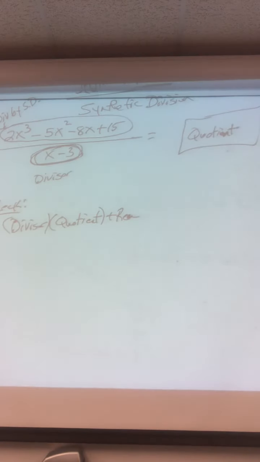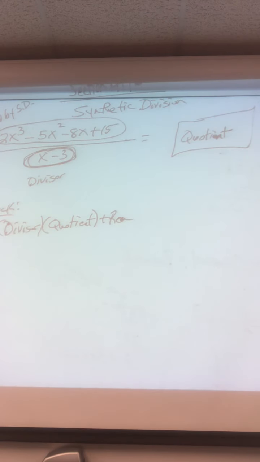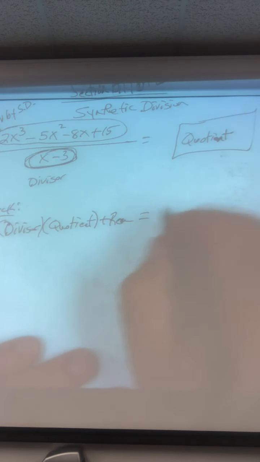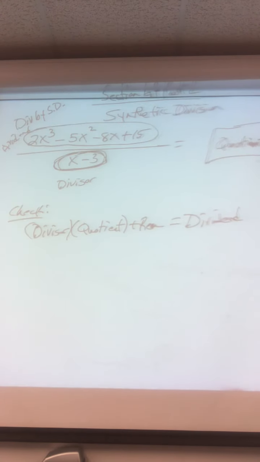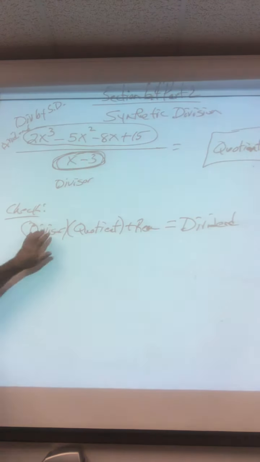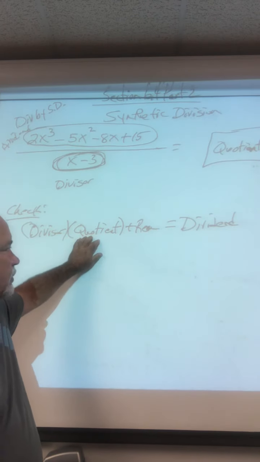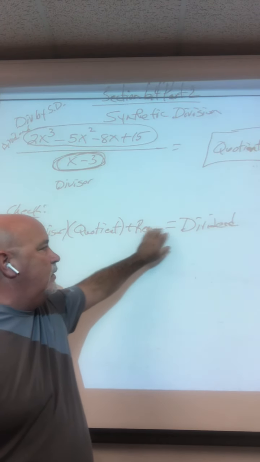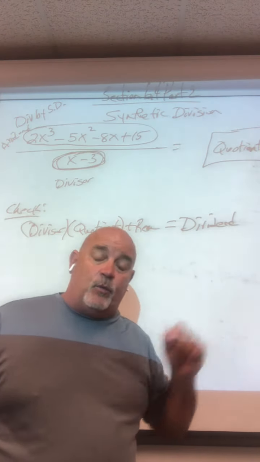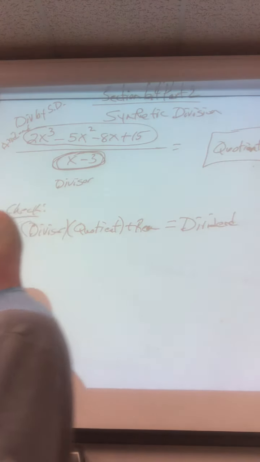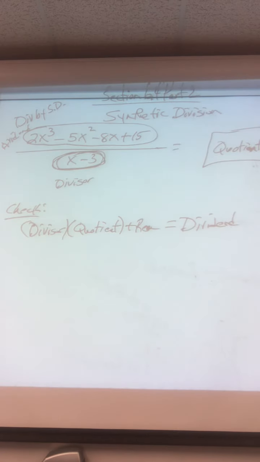We didn't mention that earlier because the remainder was 0. But plus your remainder equals your dividend. Your divisor times your quotient plus your remainder if you have one is your dividend. Now, I'm not going to require that you check these, but we will check our first one in just a minute. All right, don't write this down yet.